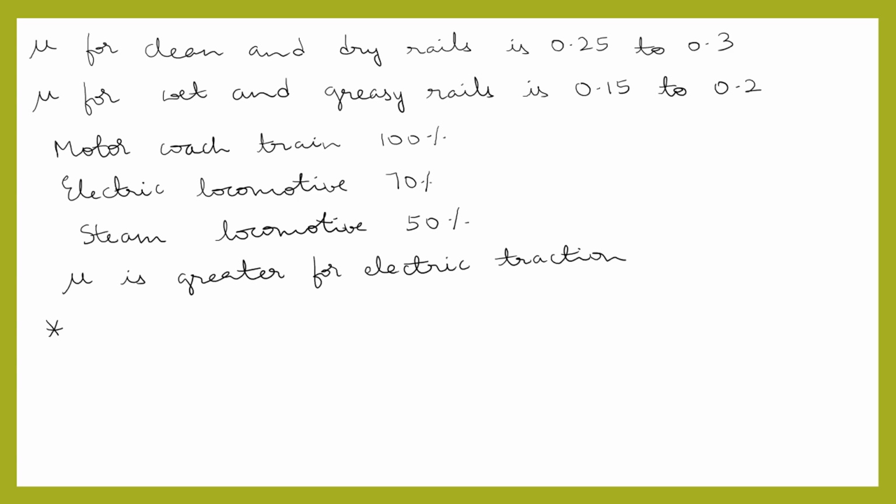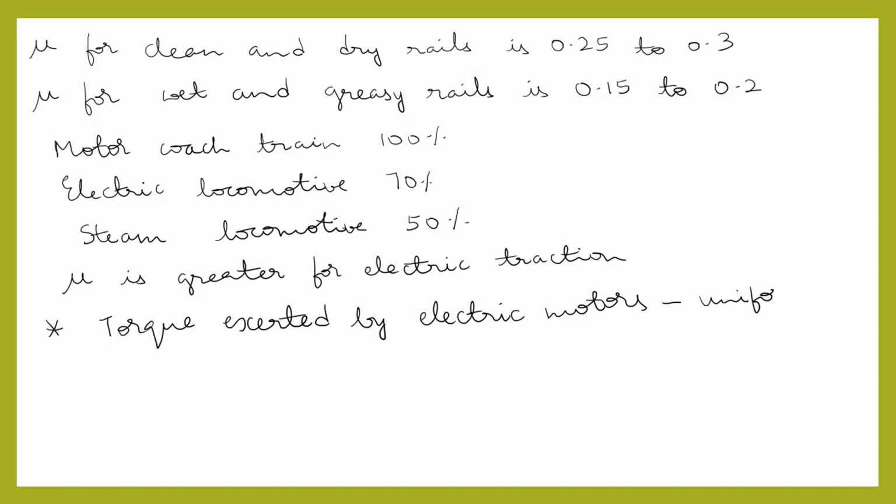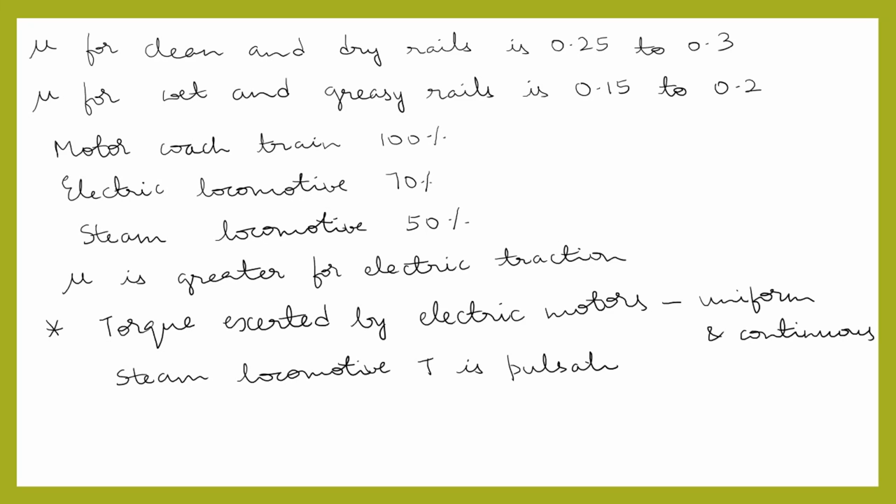This is because of the following two reasons. In electric traction, the torque exerted by the electric motors is uniform and continuous, whereas for steam locomotive the torque exerted is pulsating because of cranking arrangement.